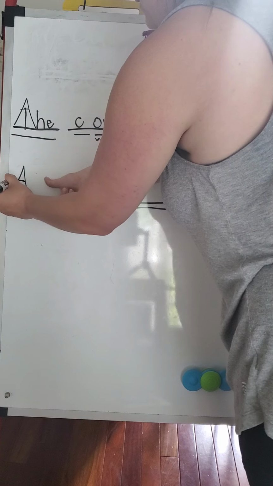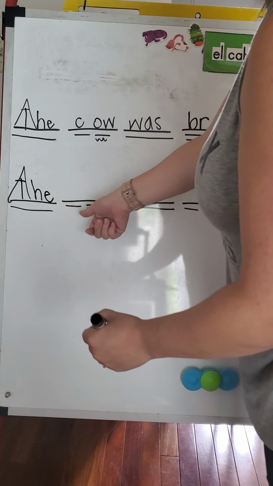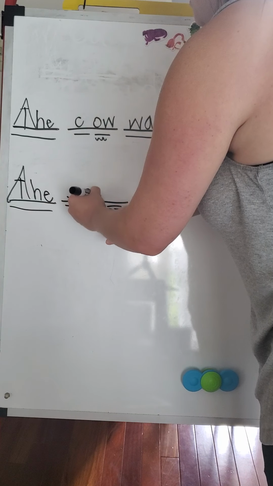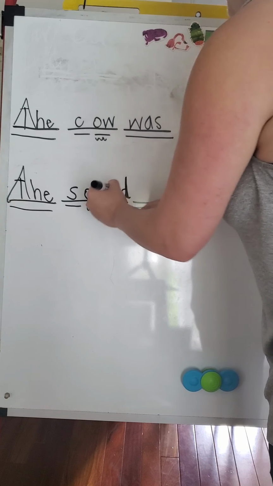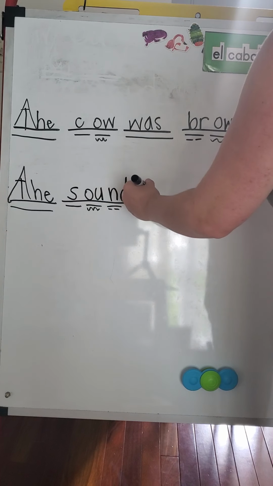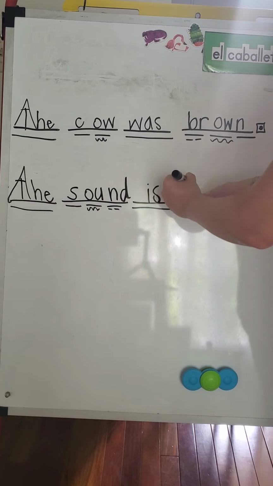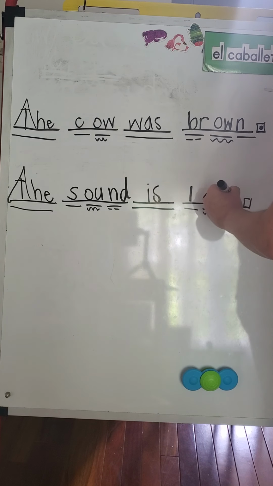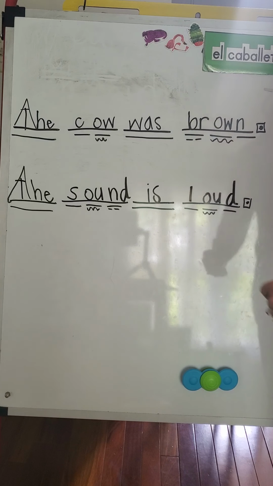The capital T. For sound, S, ow. And, is a sight word. Loud. L. Ow. D. And we need some punctuation.